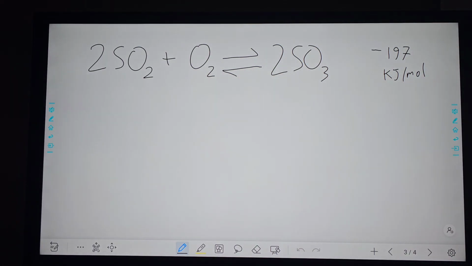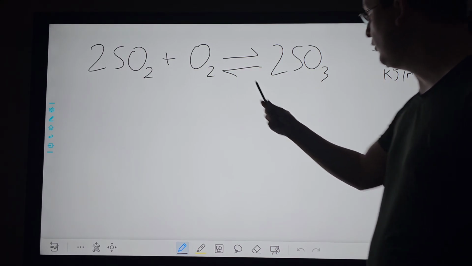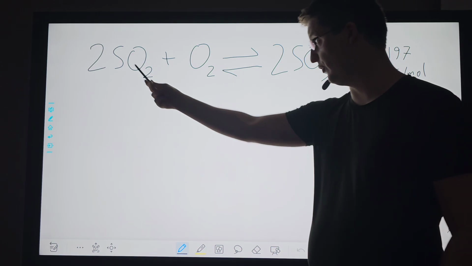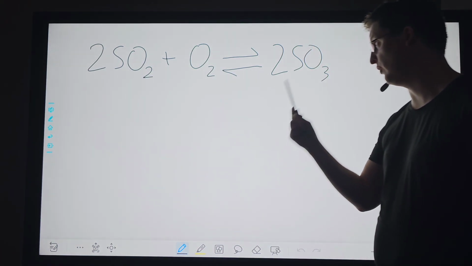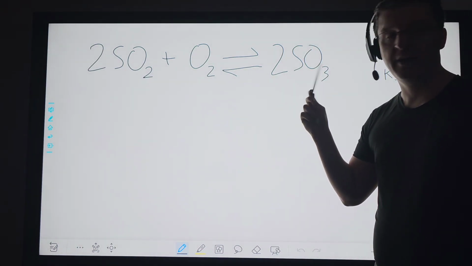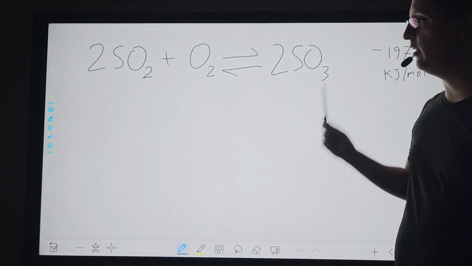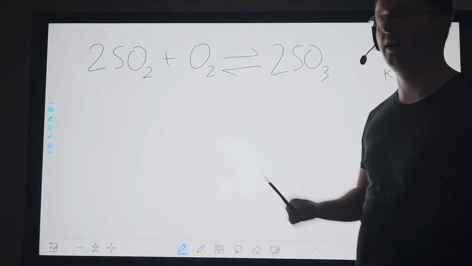So first, let's talk about what equilibrium is. When you see these arrows, that means that the reaction is going forward, so sulfur dioxide reacting with oxygen, forming sulfur trioxide, while at the same time, there's some other sulfur trioxide breaking down into sulfur dioxide and oxygen.